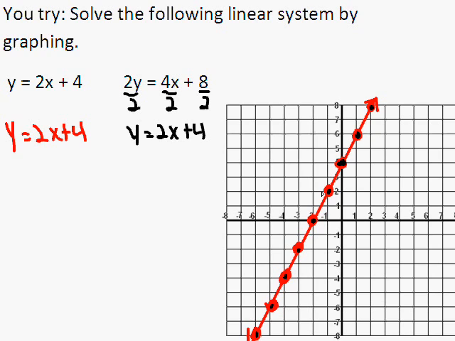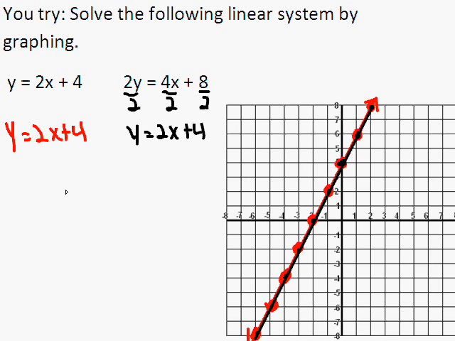And you notice, as I graph the second equation, it lands on top of all of the points from the first equation. So how many times will these two lines intersect each other? Now keep in mind, the lines go on forever. Well, if I draw a line straight on top of the other one, they're going to intersect each other everywhere.